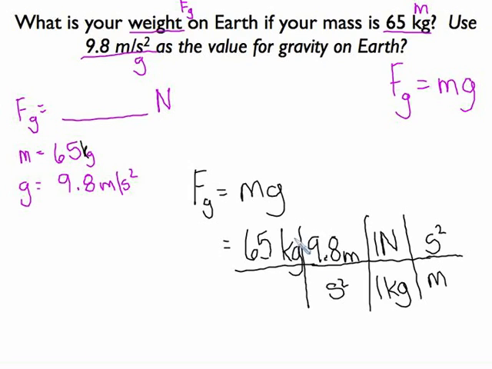I'm just showing you how the units cancel out. You get rid of kilograms, meters, and seconds squared, and then you're left with newtons. And so your answer is going to be 637 newtons.